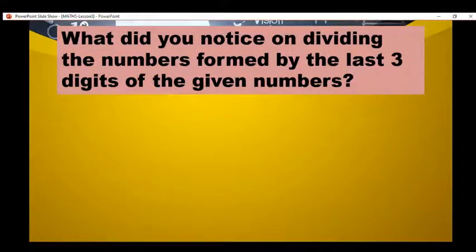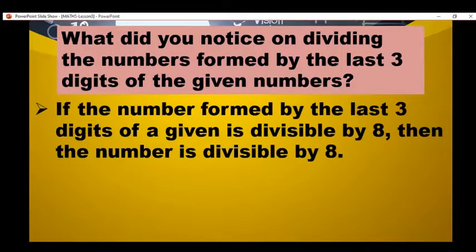How about, what did you notice on dividing by 8 the last 3 digits of the given number? So always remember, if the number formed by the last 3 digits of the given number is divisible by 8, then the number is divisible by 8. For example, we have 5,240.